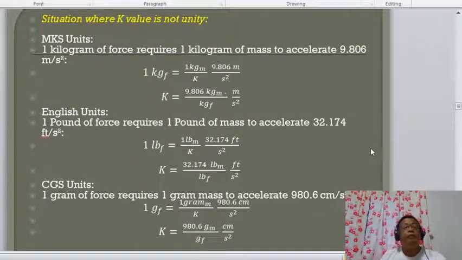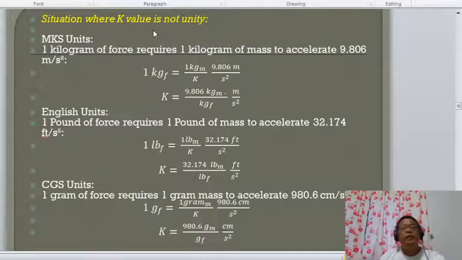In MKS, what is MKS? MKS is meter, kilogram, seconds. That is MKS units. The unit in MKS, of course, is kilogram for the force.